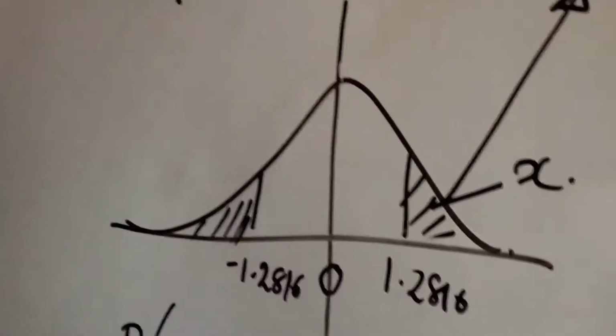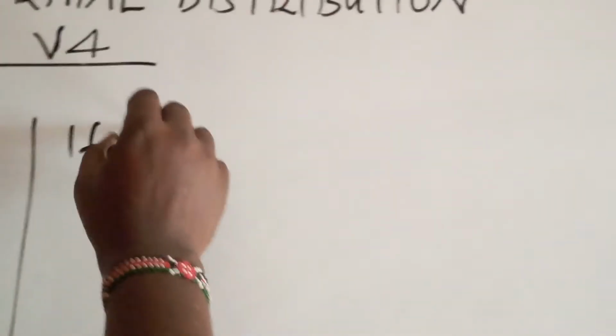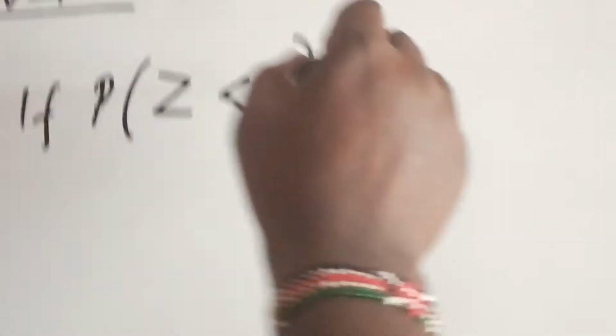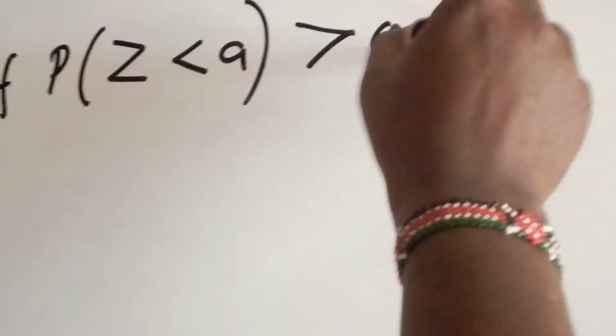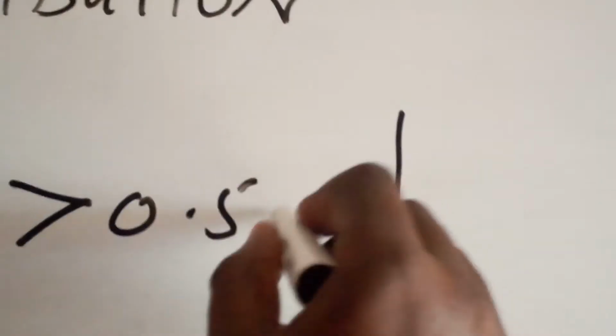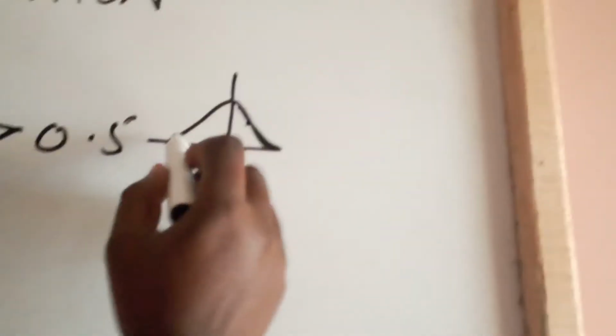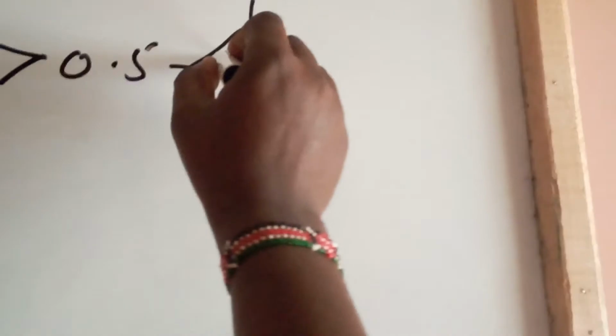Before then, it is important to underline the following, that if the probability of z less than a, where a is the boundary, is greater than 0.5, we can have a small model of something like this, less than, and it is greater than 0.5. That means it's greater than a half. It's this way. So a is here.